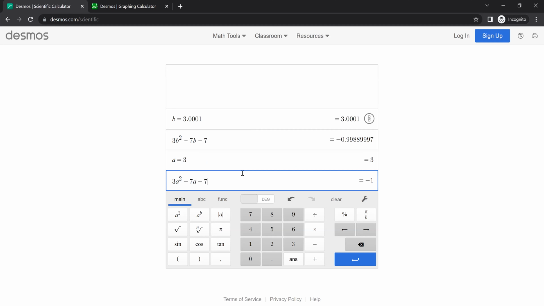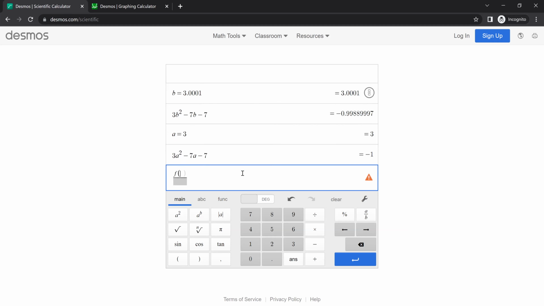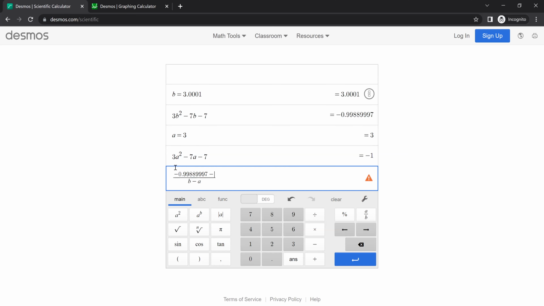Now we're going to do the calculation I just mentioned, f of B minus f of A over B minus A. Instead of f of B, I'm going to put in that decimal there, and instead of f of A, I'm going to use the -1.